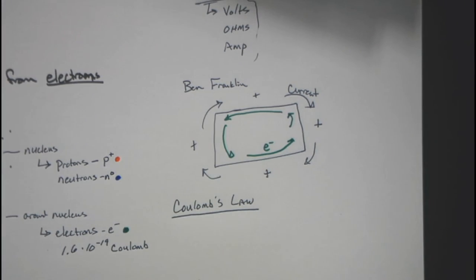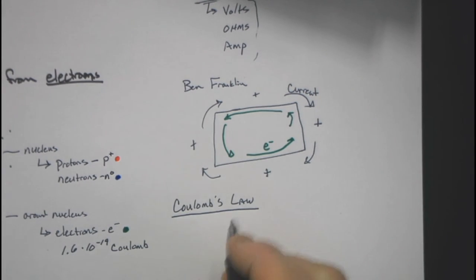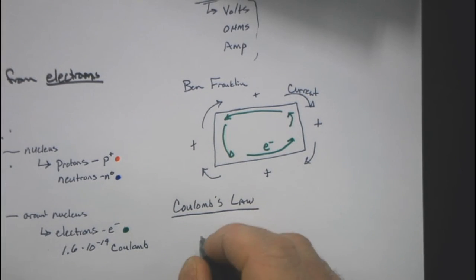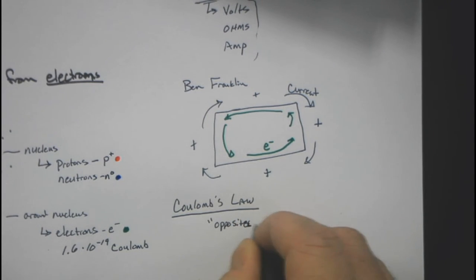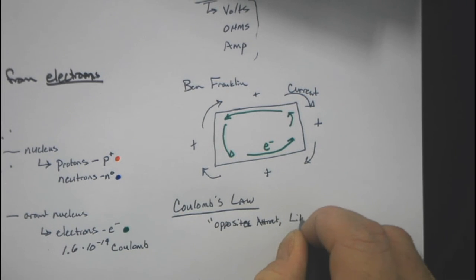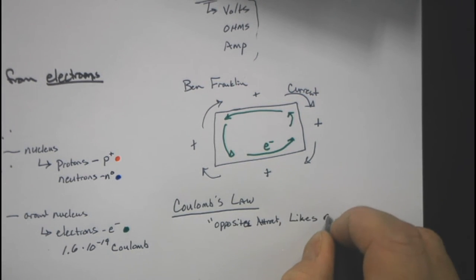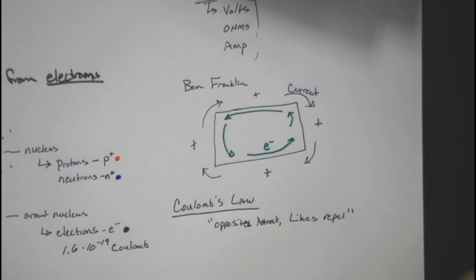Here's Coulomb's law. Electric charges exert forces on each other just because of their charge. And you guys have seen this before. This is the opposites attract, likes repel thing.